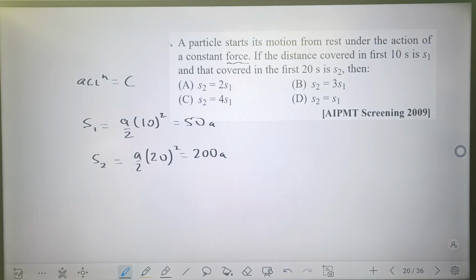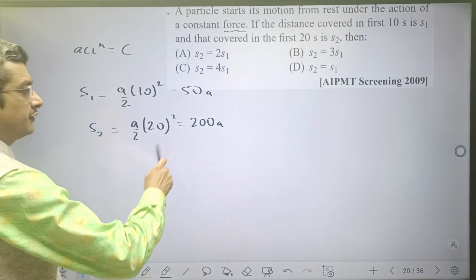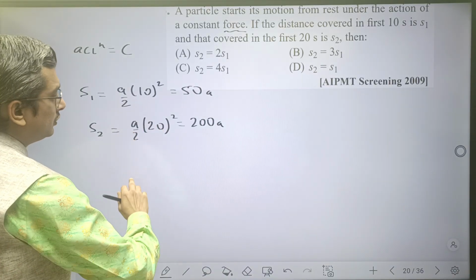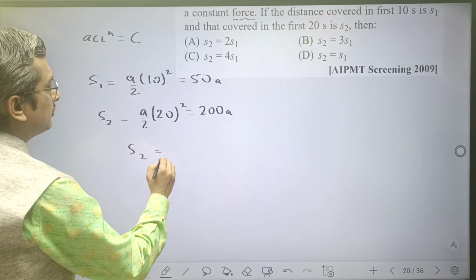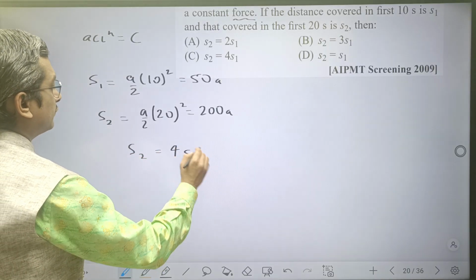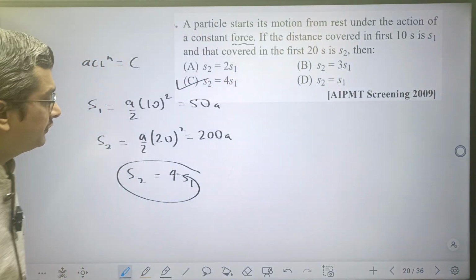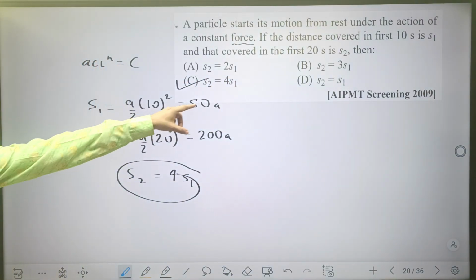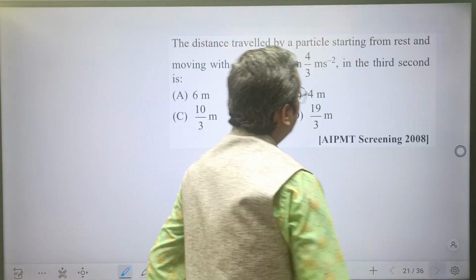So this is the distance covered in first 20 seconds, s2, 400a by 2, that is 200a. So here we have s2 is equal to 4 times s1, that is option C, isn't it? Because 4 into 50 is 200a, that is s2. So this is the answer.